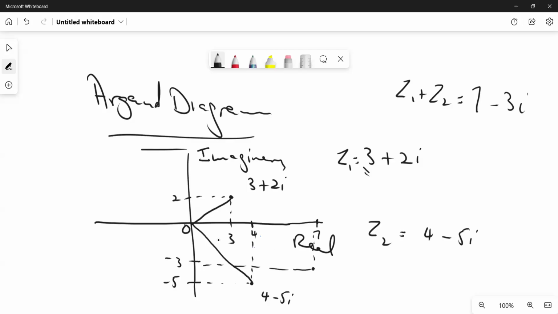So this is Z1 plus Z2, the sum of the two. Let me see, 7 minus 3i, yeah. So you can actually add and subtract, and that sort of thing.